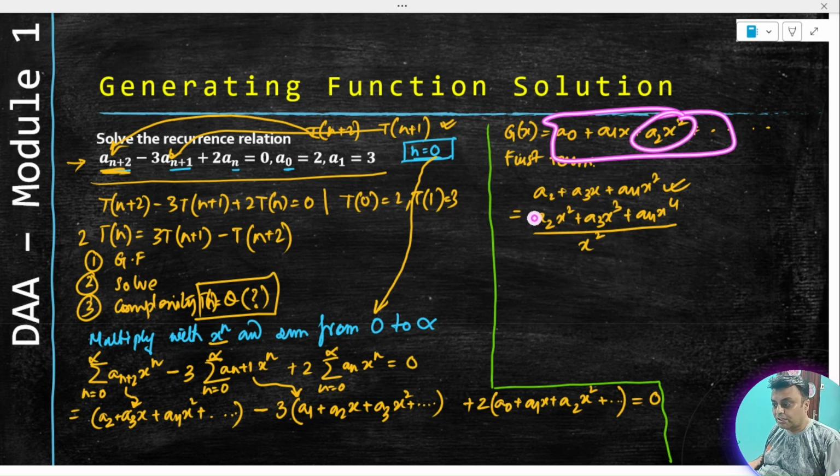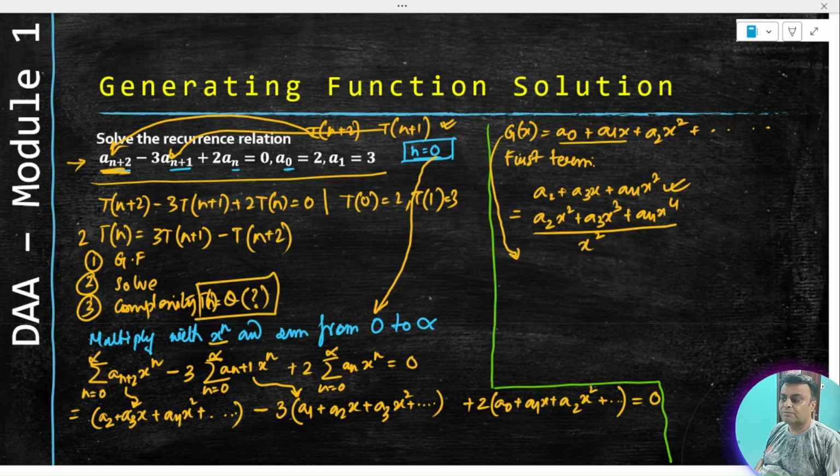a2x square has come. a3x cube has come. a4x4 has come. Now if you observe, just take this equation and bring a0 and a1x to the left.